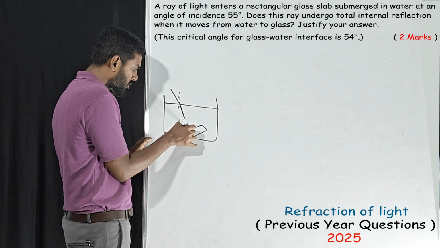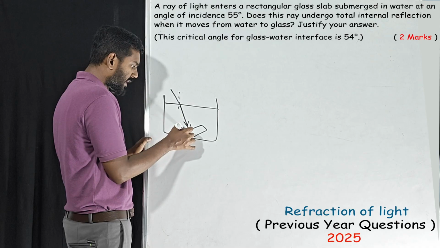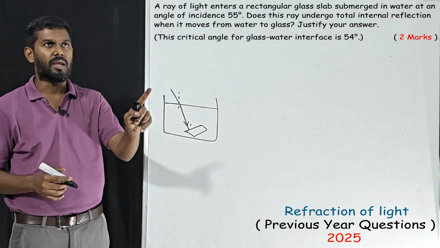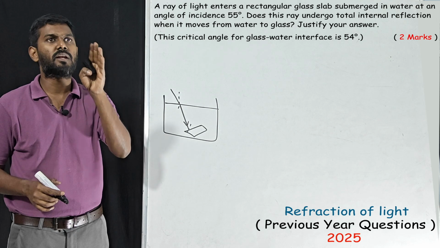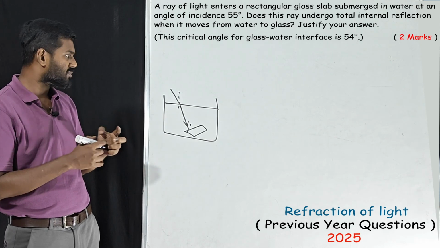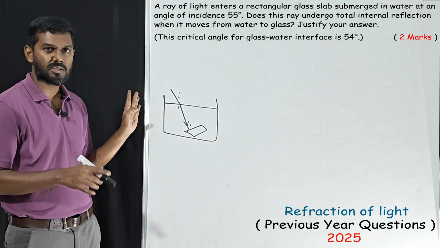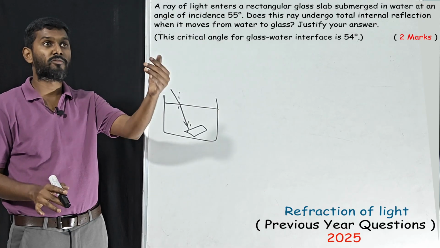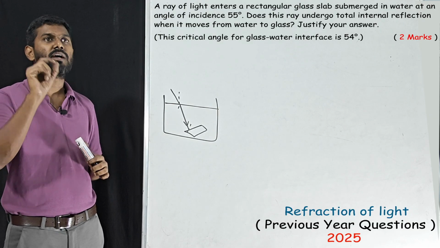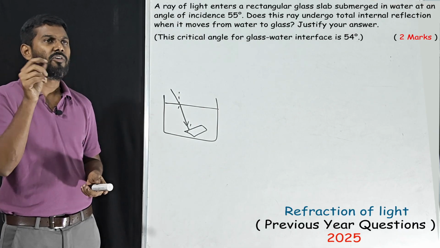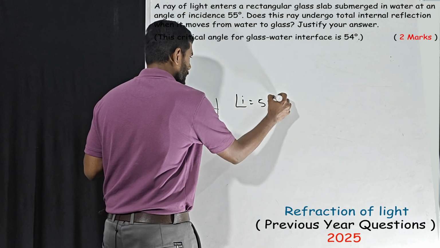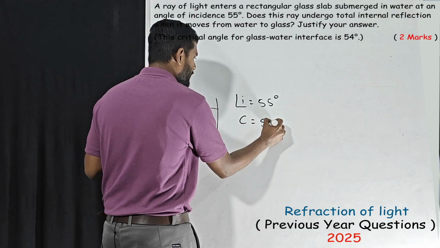It is going to be incident here at an angle 55 degree, that is given in the question. Now, does this ray undergo total internal reflection when it moves from water to glass? Justify your answer. The critical angle of glass-water is 54, angle of incidence is 55, critical angle is 54.